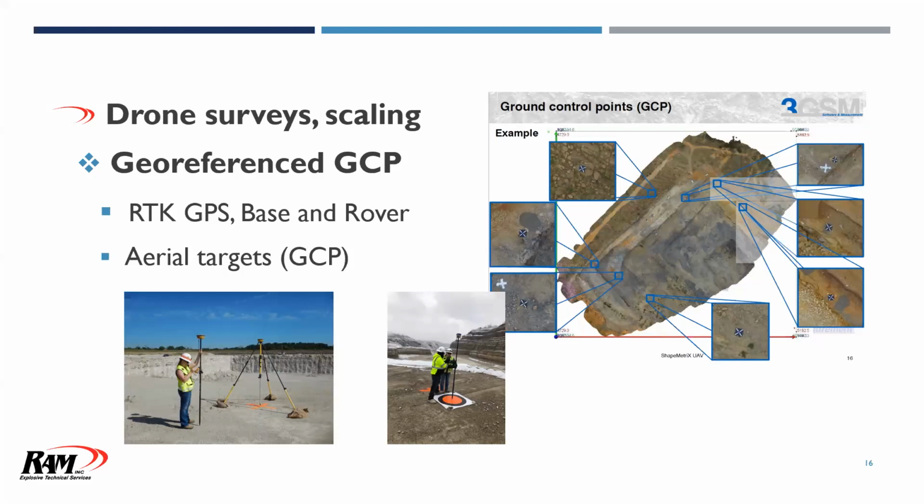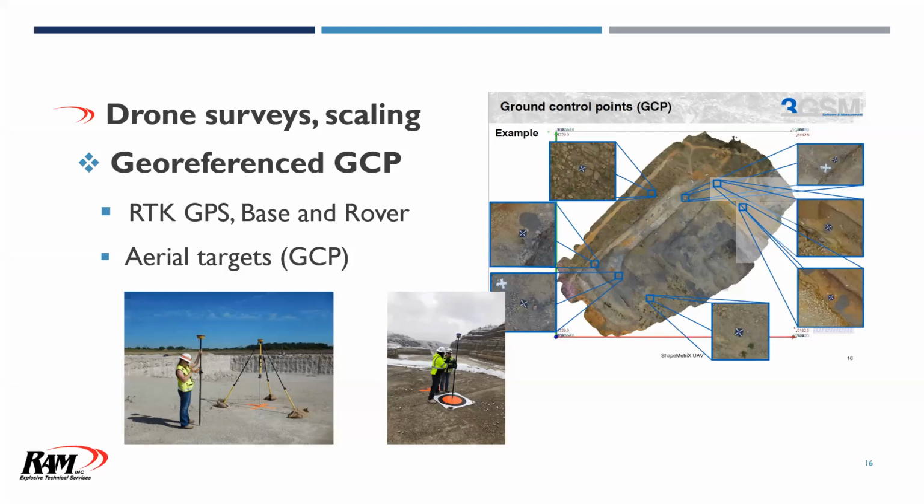We can just map out very specific areas that we need. We don't have to map out large areas with any kind of permanent type markers. It gives us a lot of flexibility in the field to do that, and also with follow-up analysis. The rover can also be used to go out and check and determine elevations, a whole host of things. So there's a lot of flexibility with that.